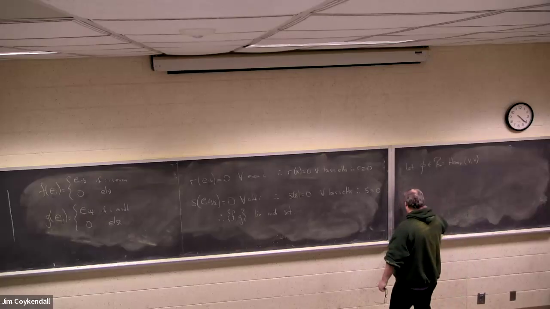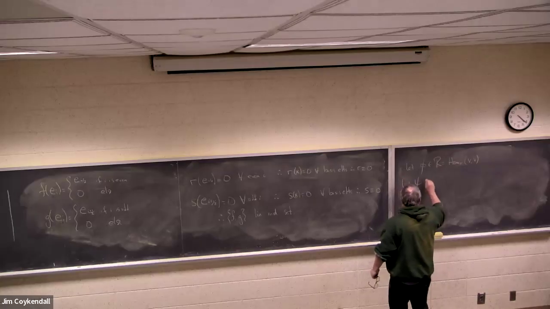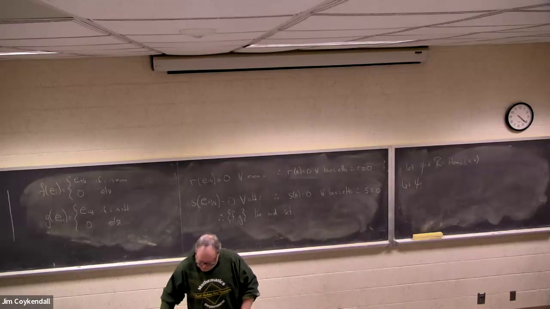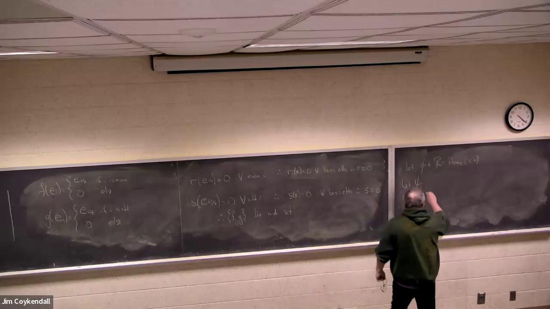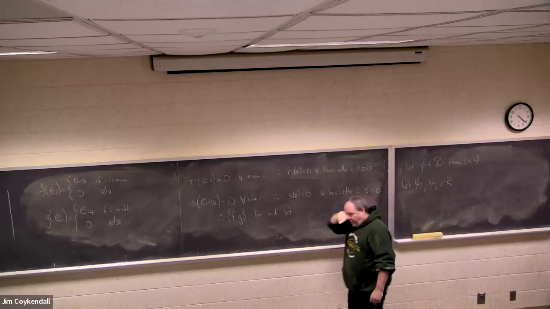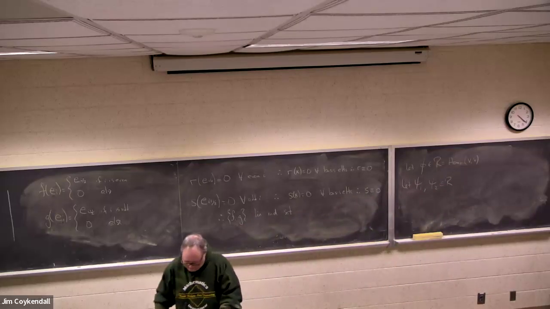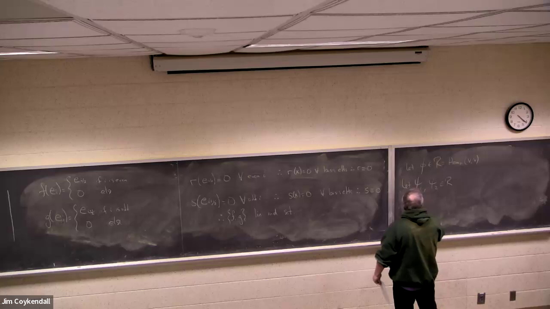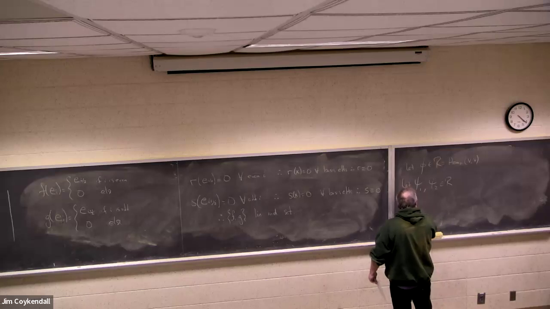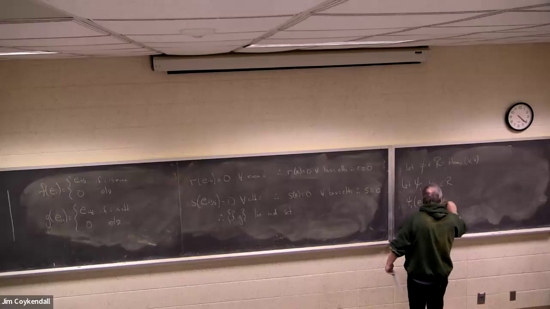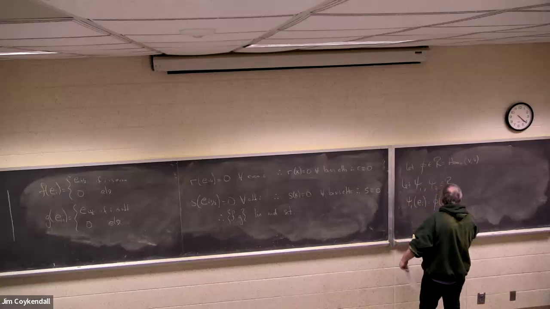So I'm going to make a couple of definitions. Let pitchfork 1 and pitchfork 2 be in R. And I'm going to define them thusly by telling you what happens on basis elements. Pitchfork 1 of E_i is phi of E_(2i-1).